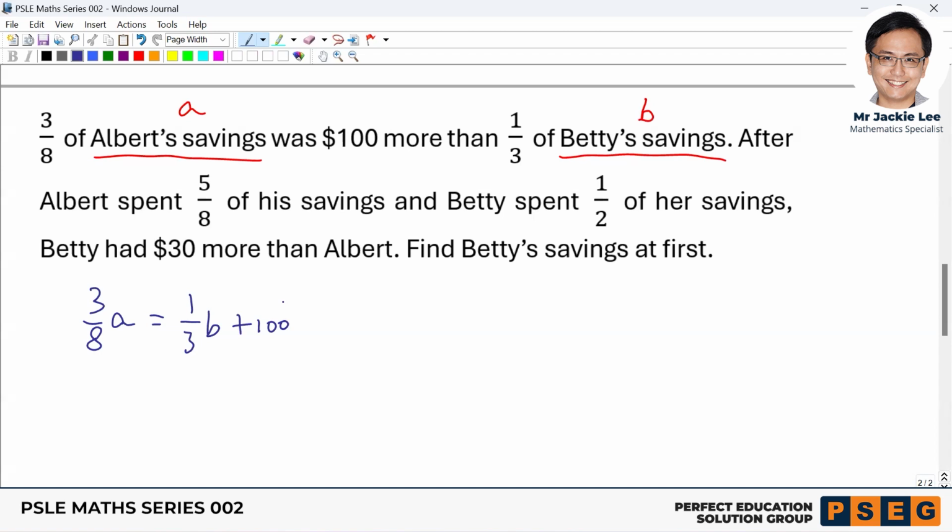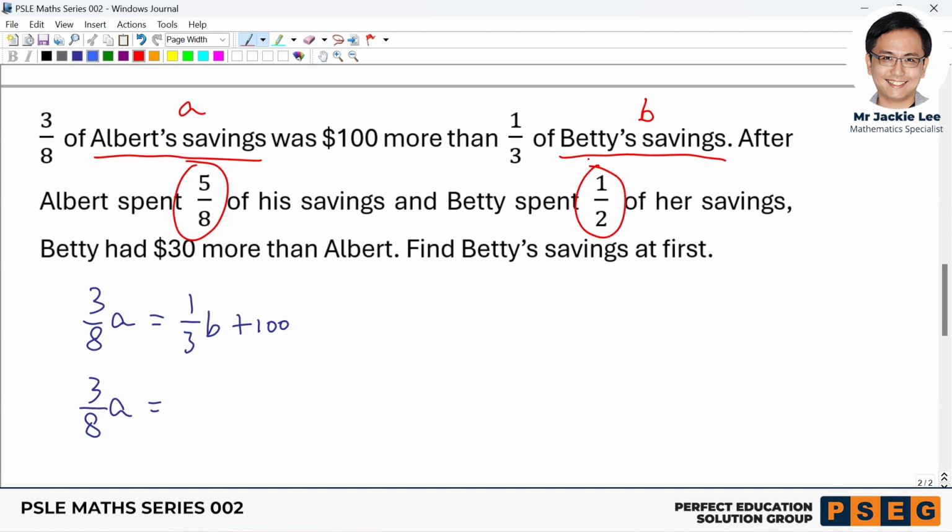Second equation, I think this one, firstly, we use 1 minus 5/8. So also 3/8, right? Leaving behind 3/8 of A equals to, and this one, remember just now also we use 1 minus half.